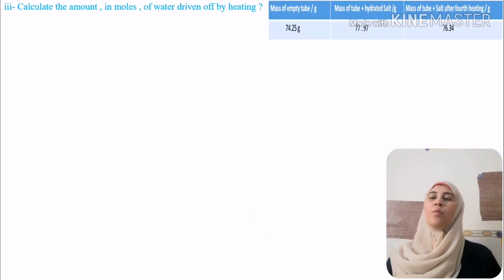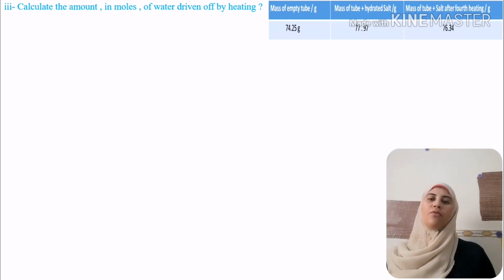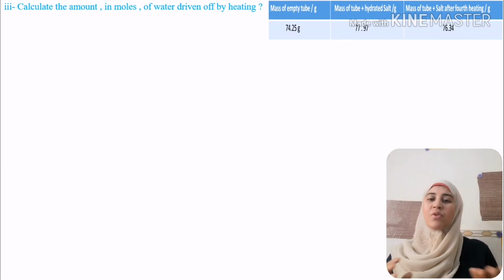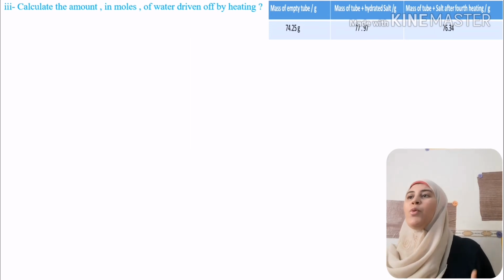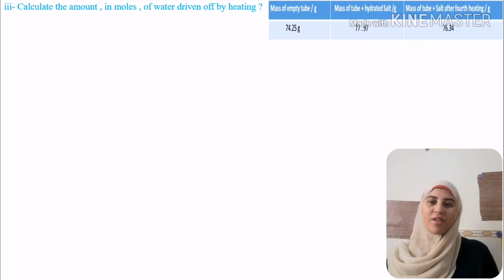Calculate the amount in moles of the water driven off by heating. We want to calculate the moles of water driven off. We start by subtracting the mass of tube plus hydrated salt minus the mass of tube plus anhydrous salt.